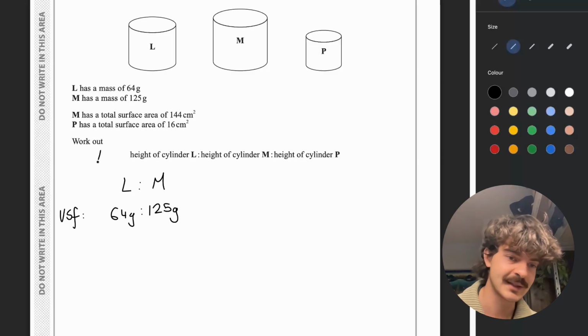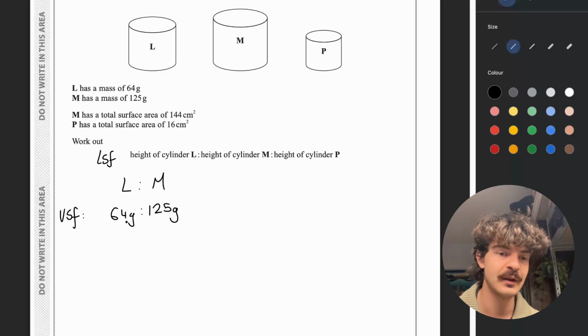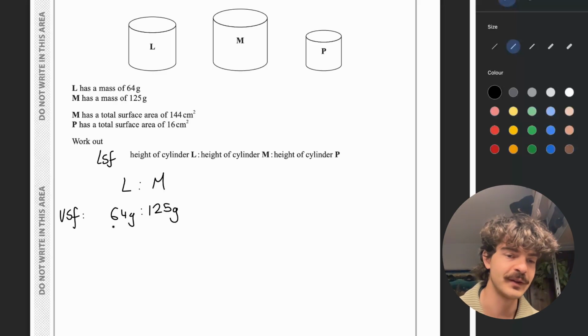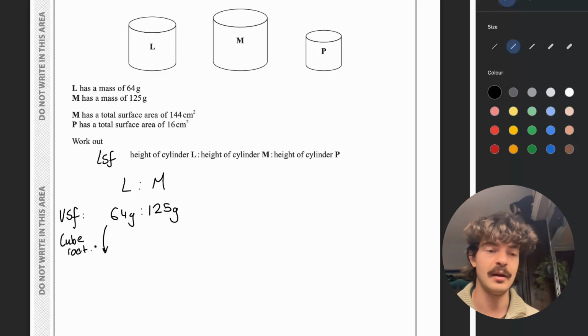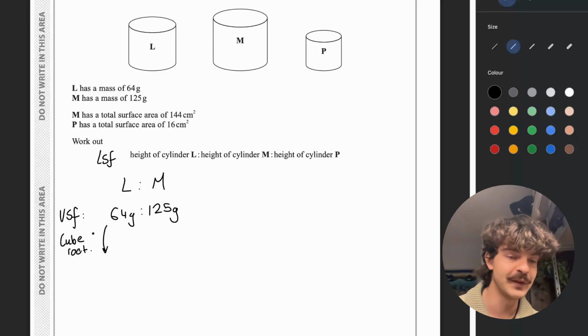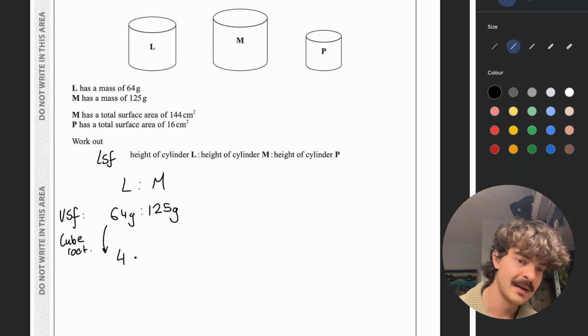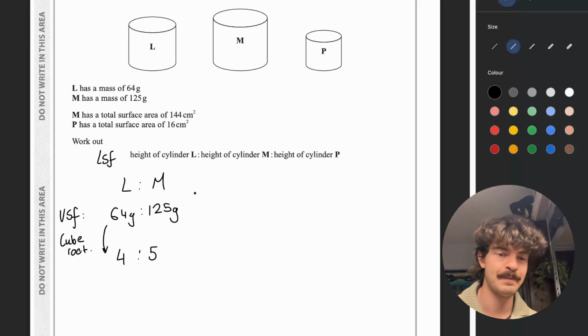That's a linear scale factor. We want to take the cube roots of these. So we need to think about what the cube root of 64 is and the cube root of 125. I'm just going to write this to the side, cube root. And doing the cube root of 64, well, that's going to give you 4. And the cube root of 125 gives 5.